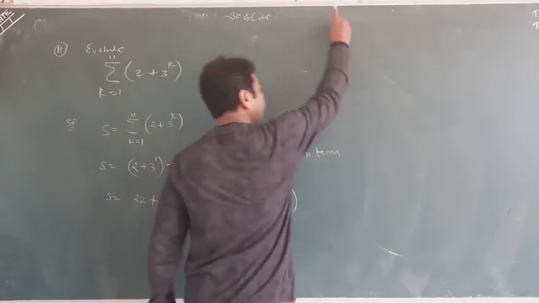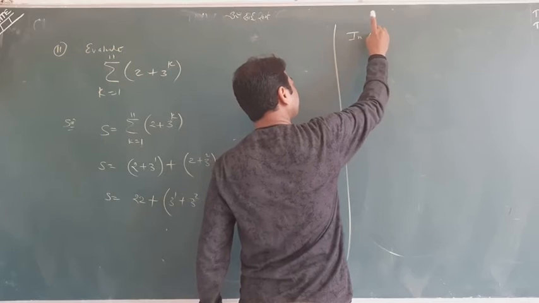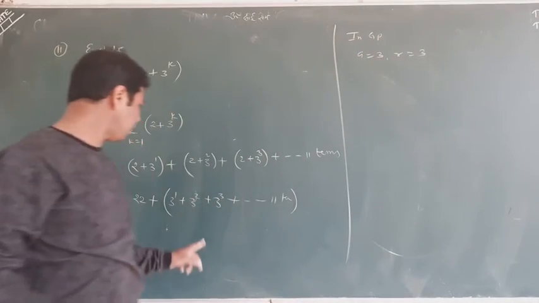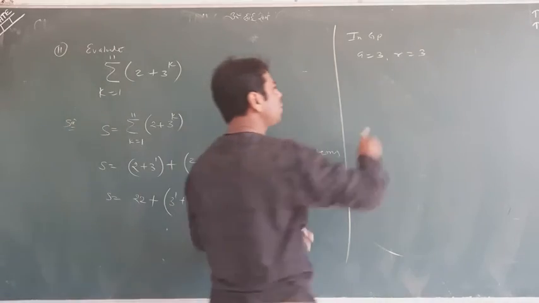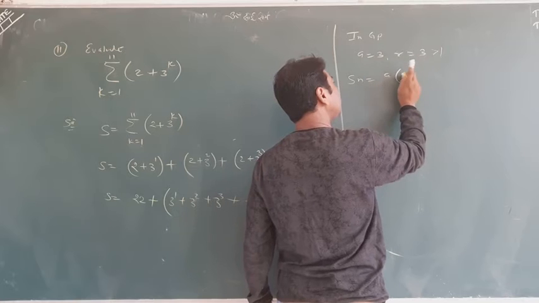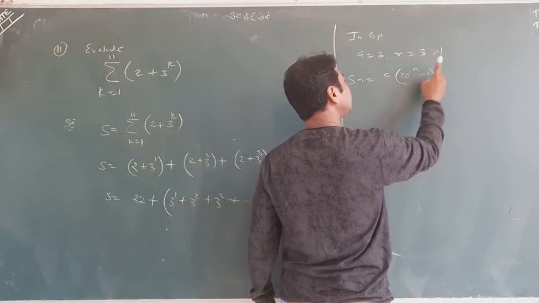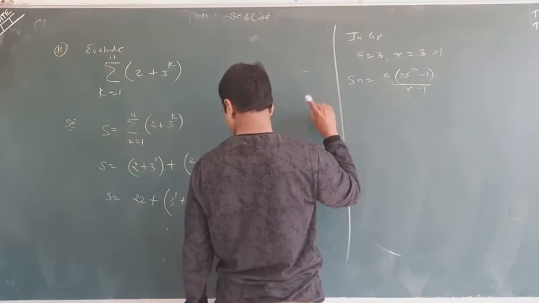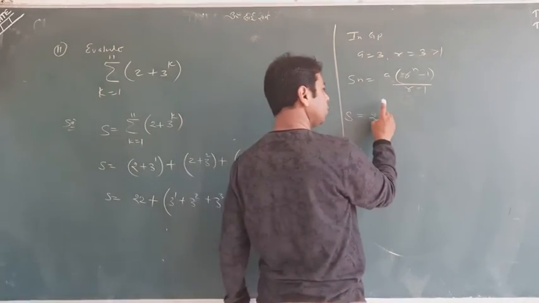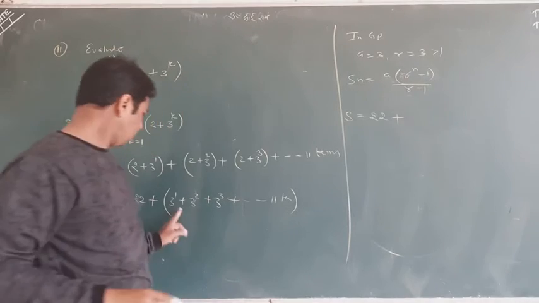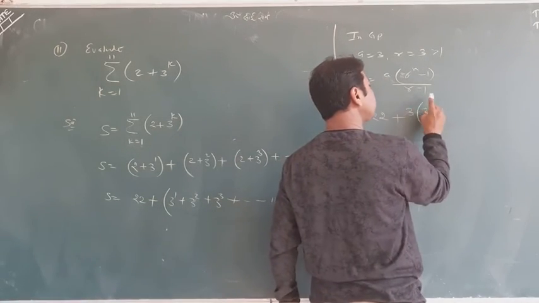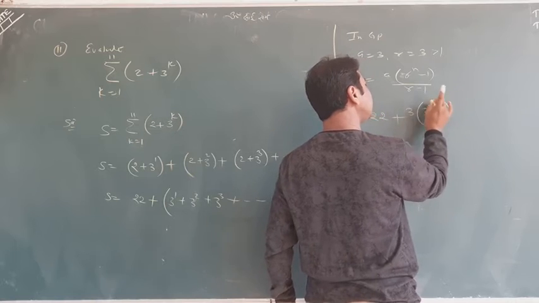So in GP, we have a equal to 3, ratio is also 3. You can understand 3 square by 3, which is greater than 1. So I'll use the formula a times r to the power n minus 1 upon r minus 1. So students, S equal to, I will write 22 plus, use the formula, a equal to 3, the ratio is 3 to the power n minus 1, but n is equal to 11.